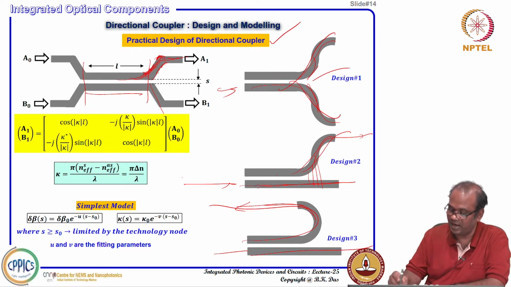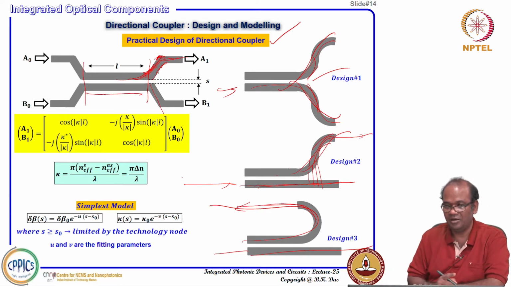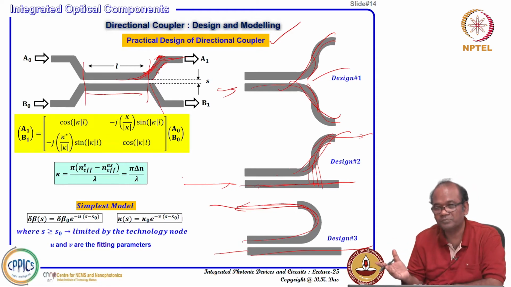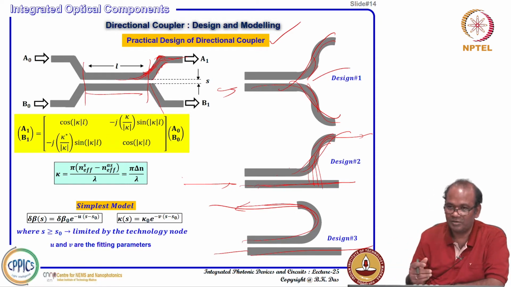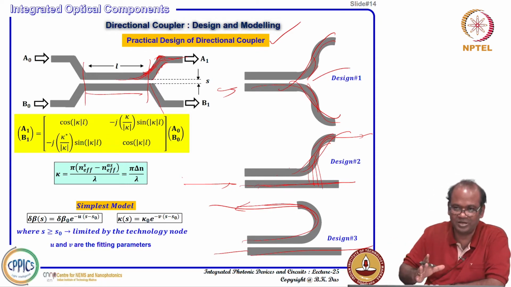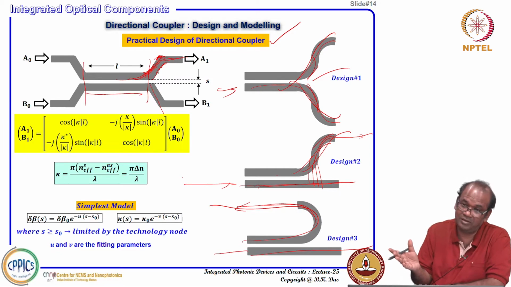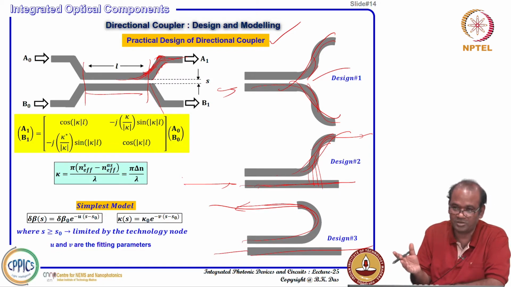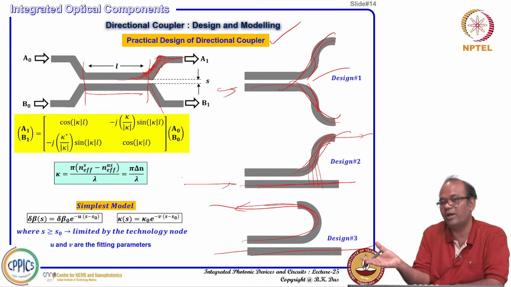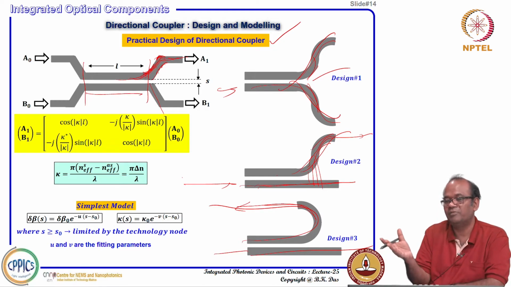And while designing that, this bent structure, you cannot really bend very sharply, because any sharp bend is not adiabatic. A sudden change in k value cannot very easily be accepted by a guided mode, because when the k value is changing during propagation, the propagation constant also needs to maintain some kind of boundary condition.